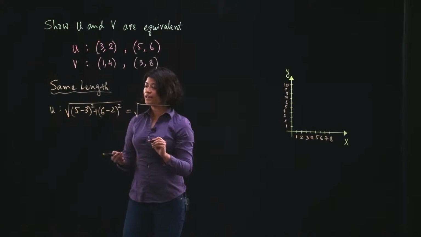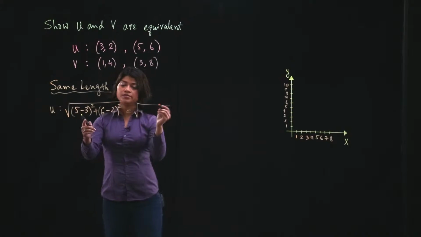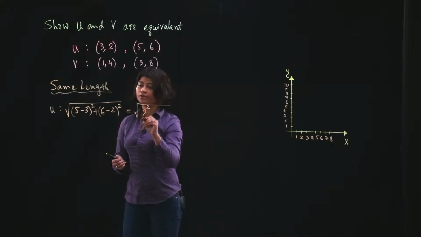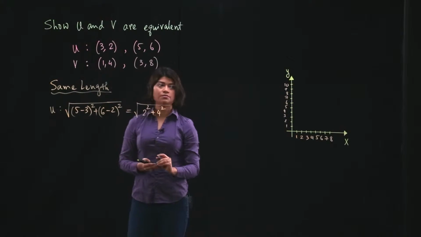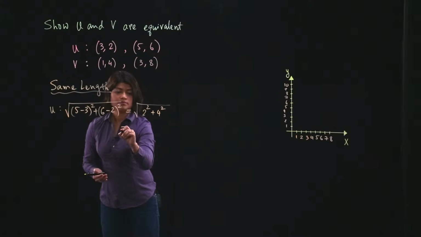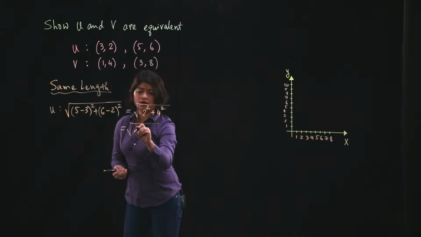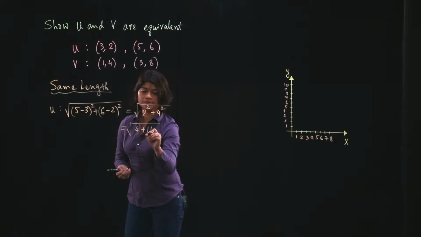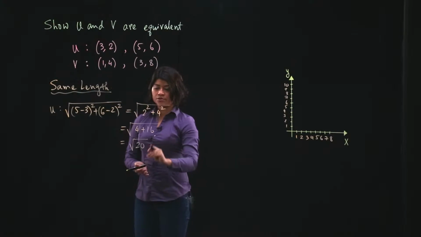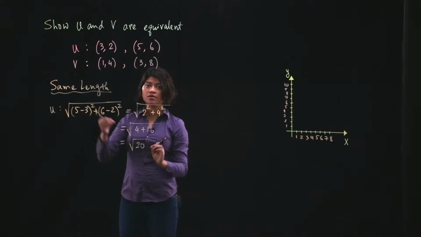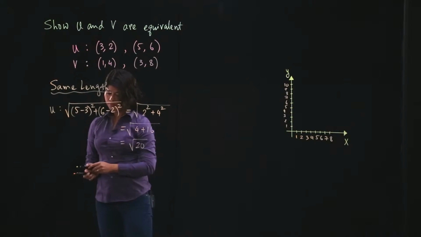Okay, let's simplify that. 5 minus 3, that's 2 squared, plus 6 minus 2, that is 4 squared. So this is square root of 4 plus 16, which is square root of 20. So square root of 20 is the length of the line segment u.